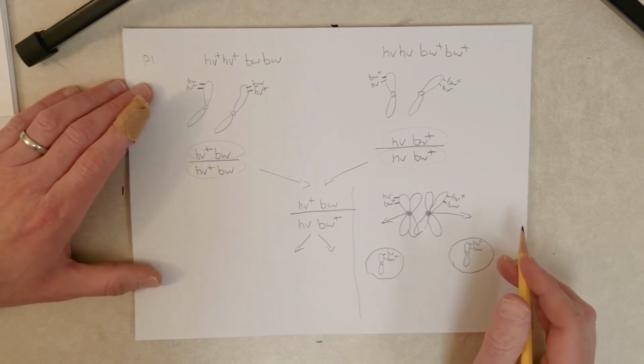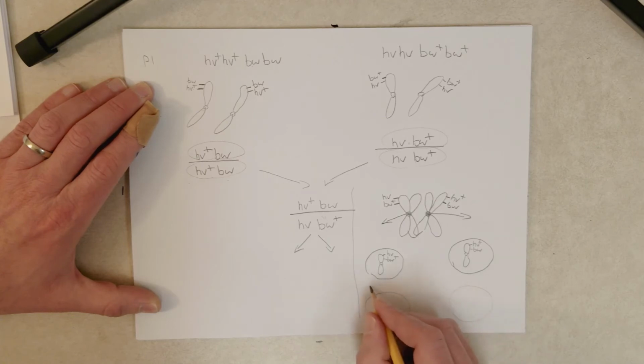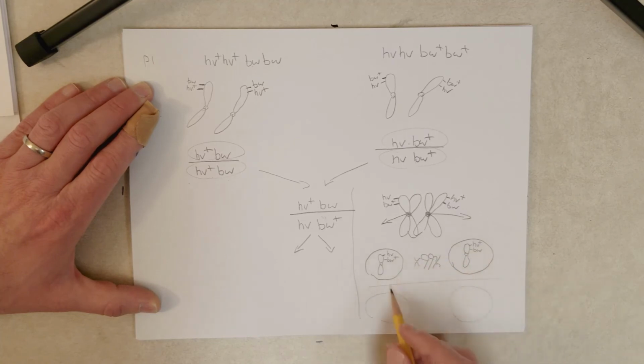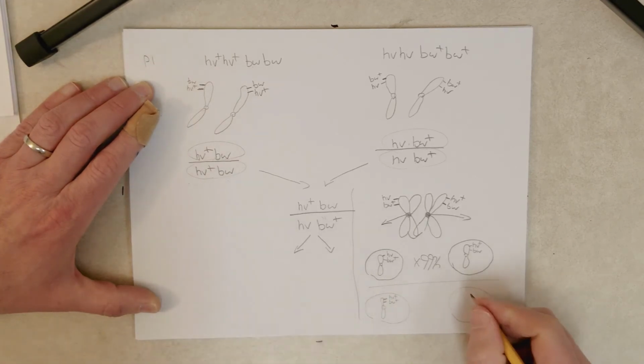When we were talking about genes that sort independently, we would have predicted two more gamete genotypes. Let's assume 99% are going to be this type. If these genes were sorting independently, we would have expected some of the gametes to have hv plus and bw plus, both wild type alleles next to each other, and some with hv and bw next to each other, both mutant alleles.